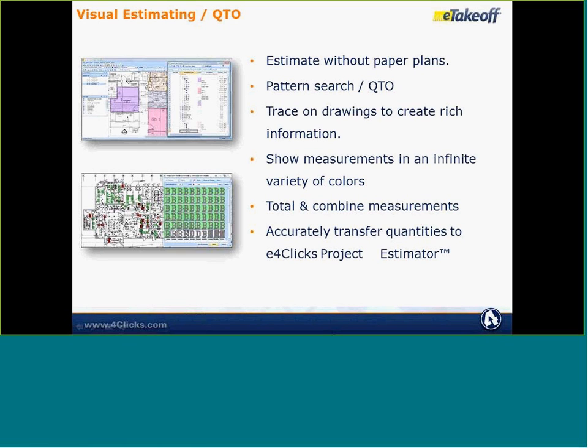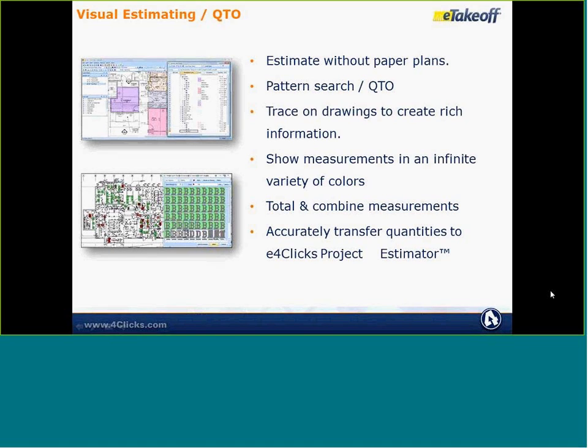Colors show up automatically when you're doing your measuring, and there are just a million colors you can use to differentiate all your different pieces and parts. Then we can total and combine those measurements, put them together, perform formulas on them if you need to. And then those quantities can be transferred directly into the E4 project estimator.